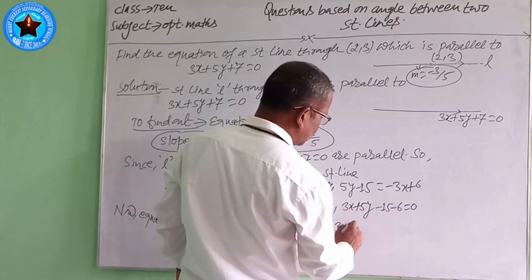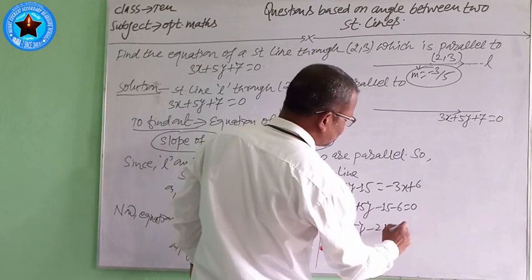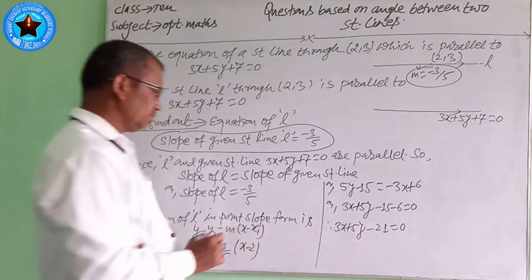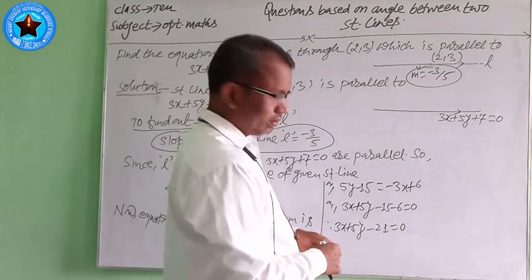Therefore 3x plus 5y minus 21 equals 0. This is the required equation of L.